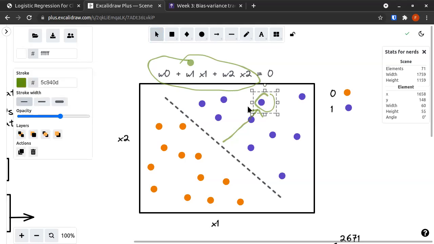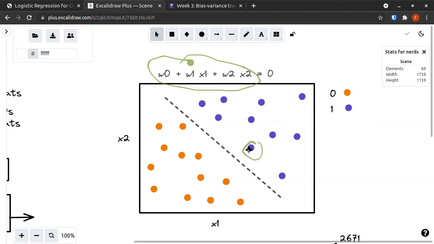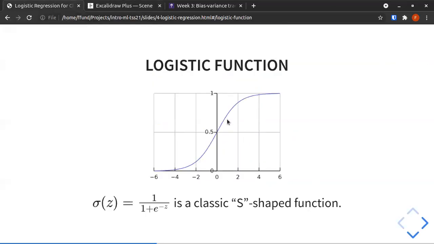This is in contrast to, let's say, this point here, which is much closer to the separating hyperplane. So the distance to the separating hyperplane is smaller. This value will still be positive, but it will be a smaller positive value. So instead of ending up all the way over here because it's a large positive value, we might end up, let's say, here.